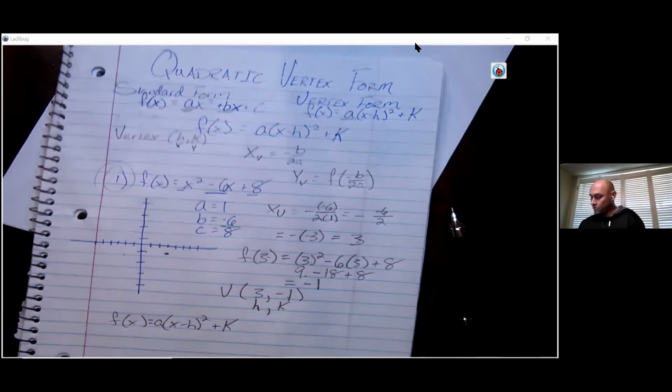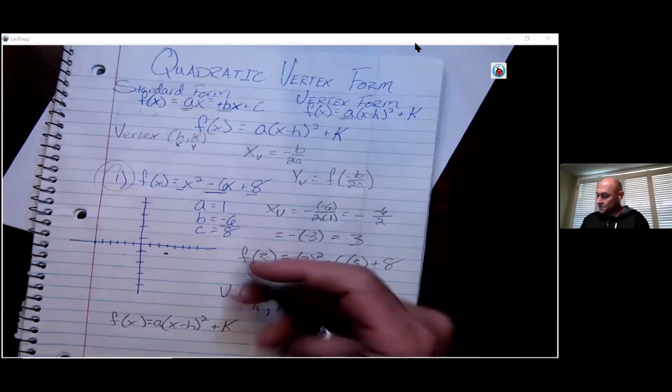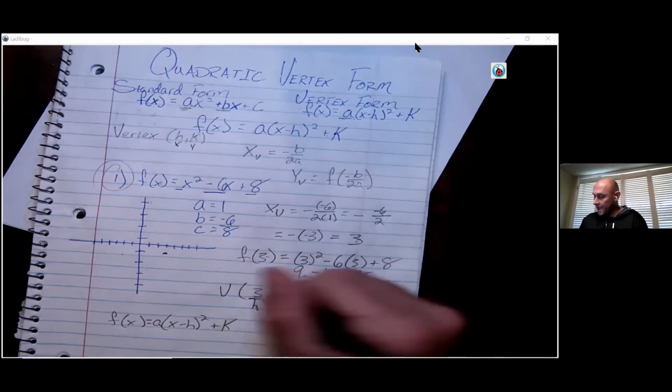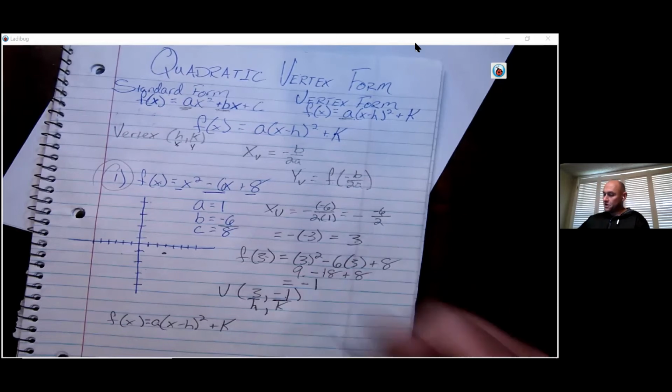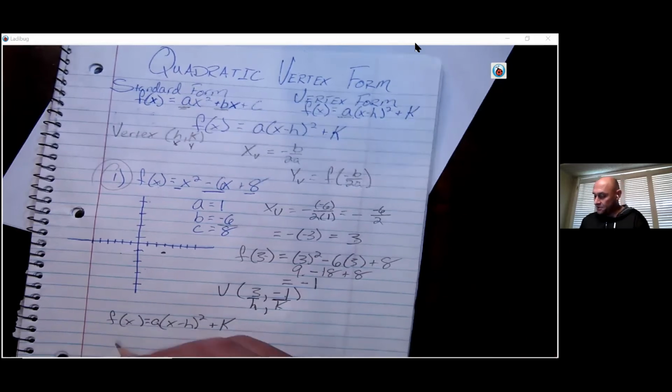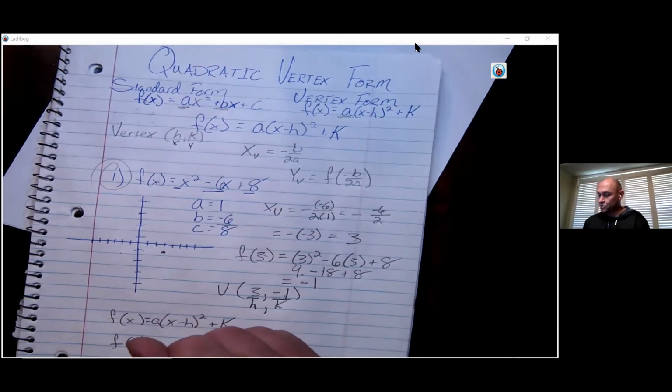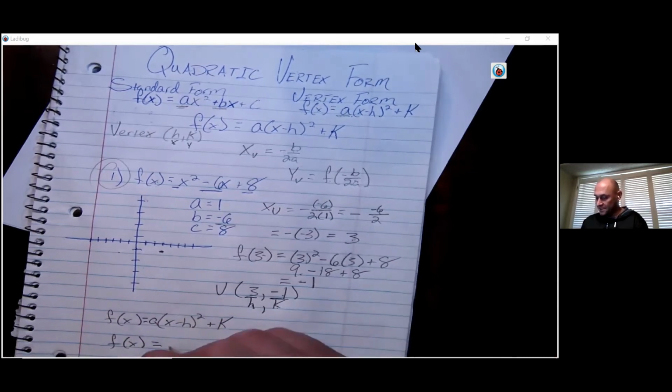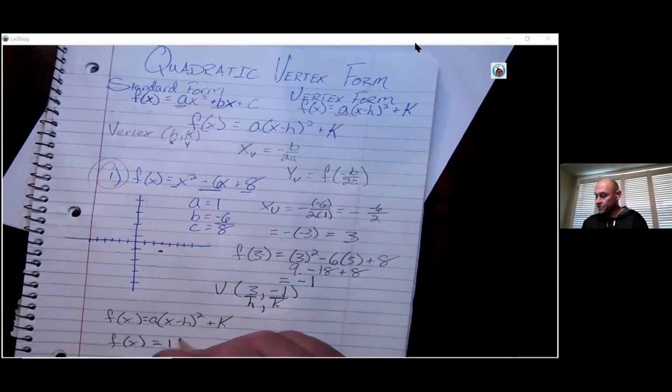Again, h is 3, k is negative 1. I'm going to plug that in here. So I've got f of x equals, a is 1, so 1 stays out here. I'm going to go ahead and put it, even though you don't need to.